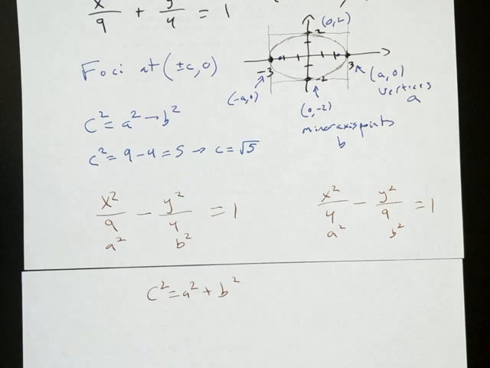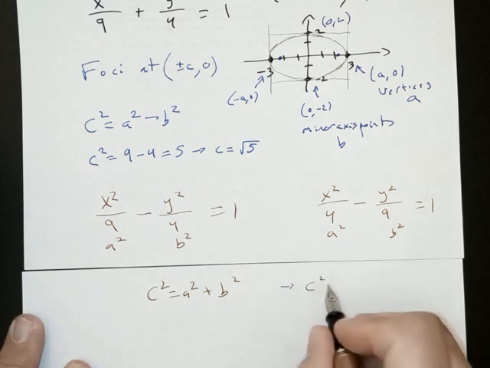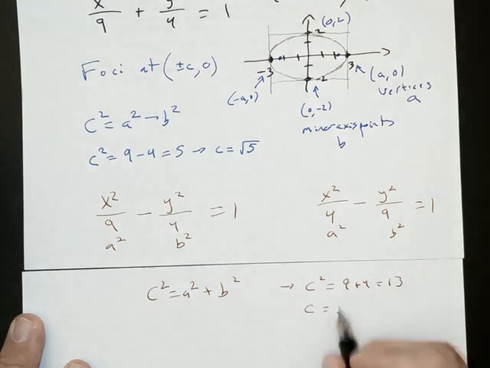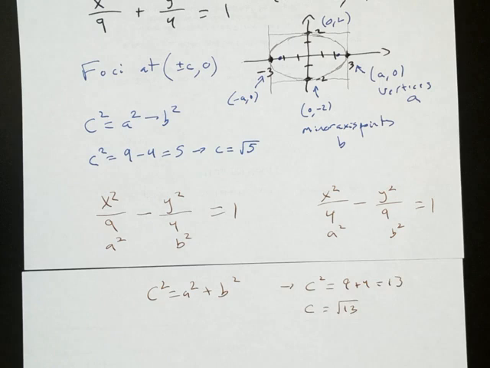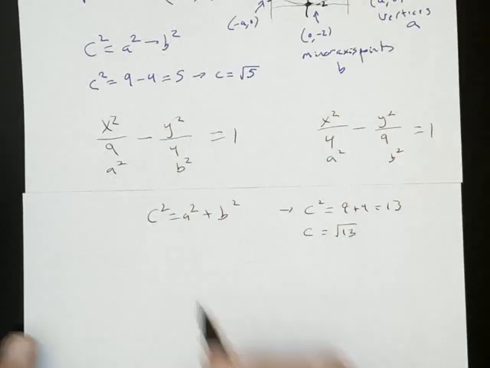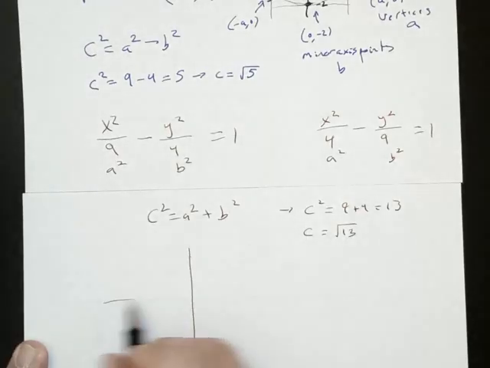So it actually does turn out to be Pythagoras. So my C this time is the square root of 13, which is 3.6 something, bigger than 3. But again, I have this box.